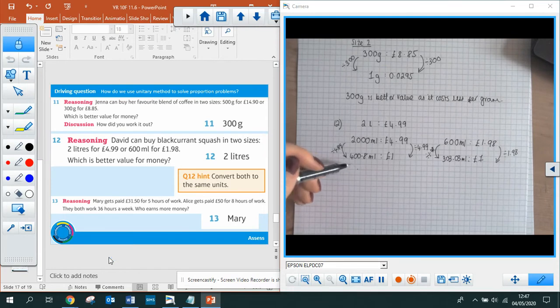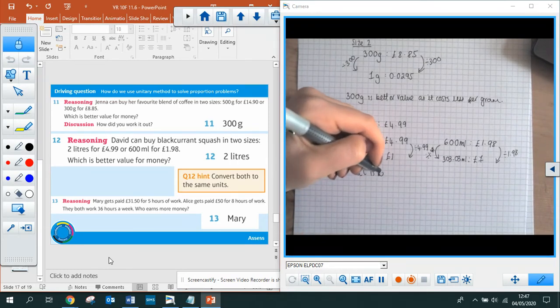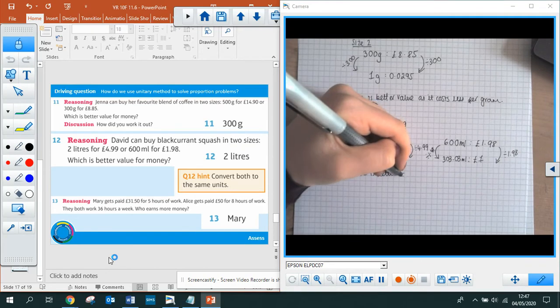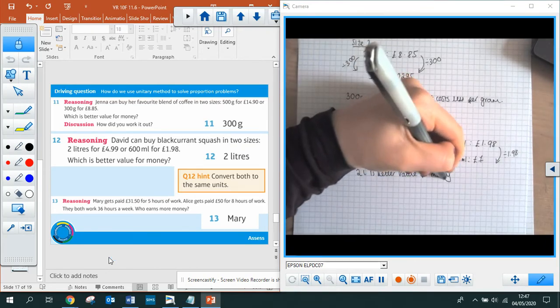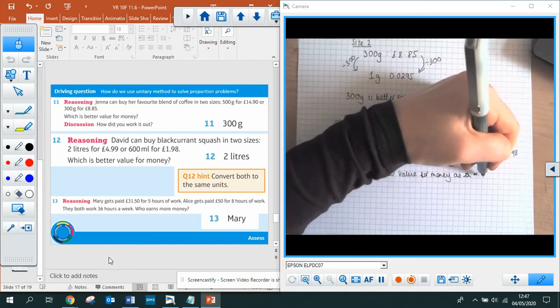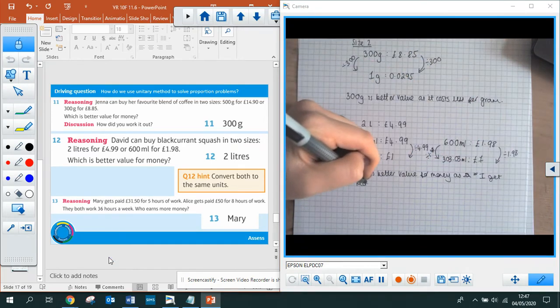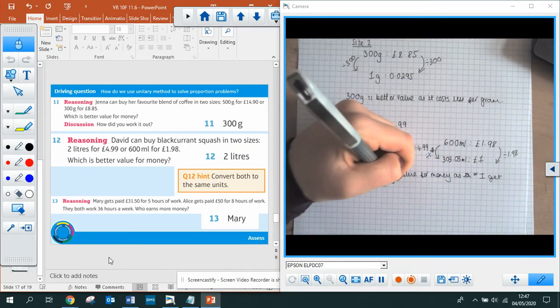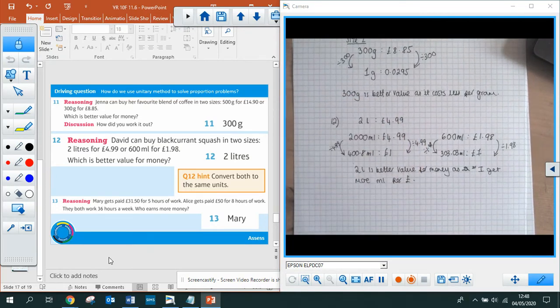Well, the 2 litres is better value for money because I get more millilitres per pound that I spend. So 2 litres is better value for money as I get more millilitres per pound. Okay, and that's your conclusion.